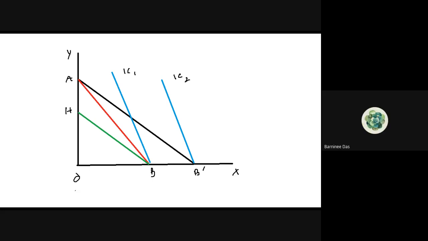It is 0 because there is no change in consumption. When I cut off the money and draw this budget line HB, the consumer is consuming at the same initial point of consumption B, like the earlier case.